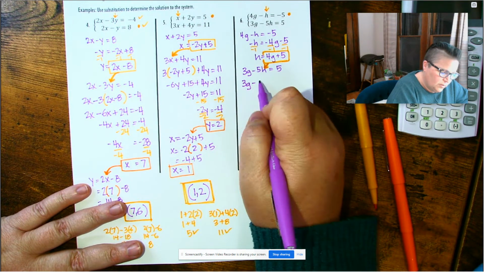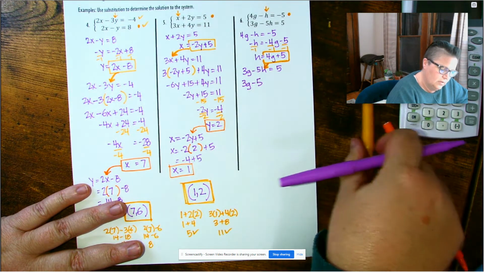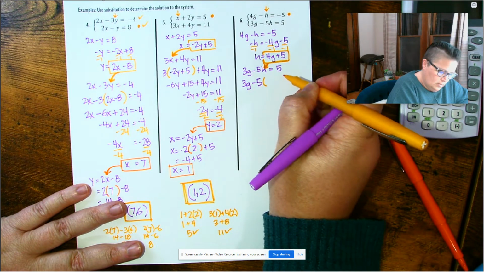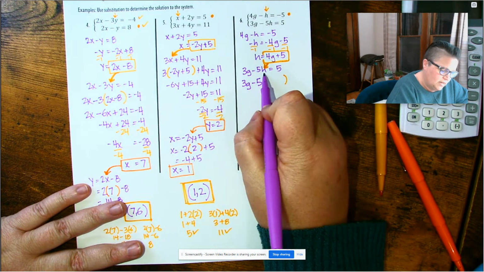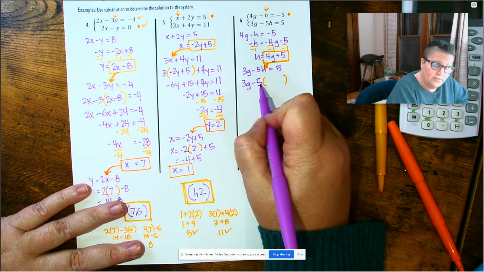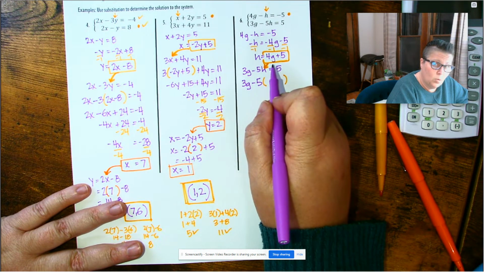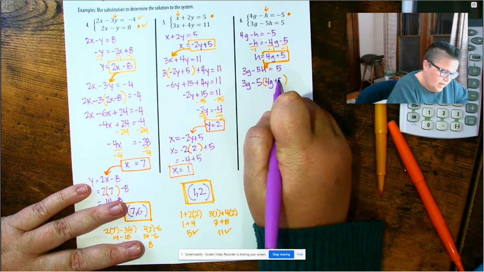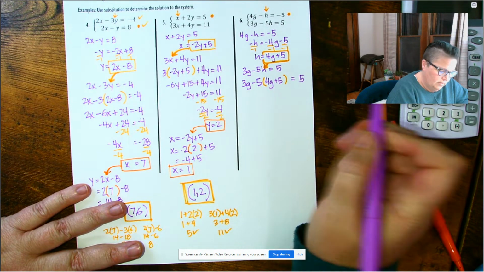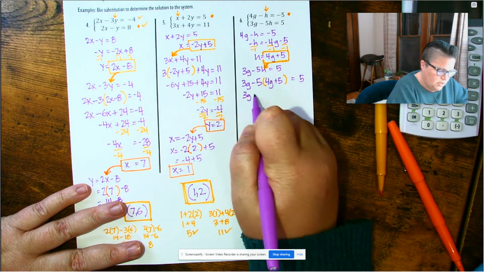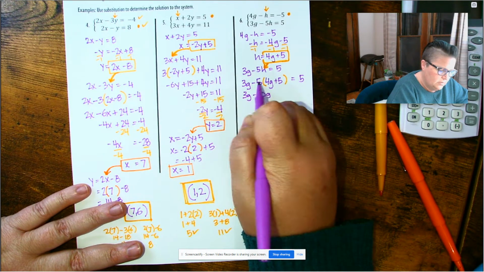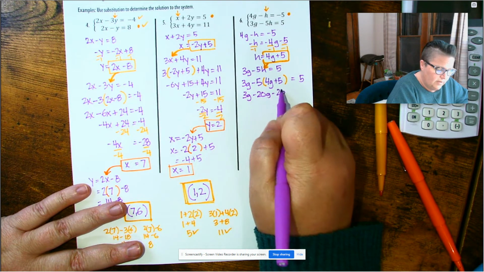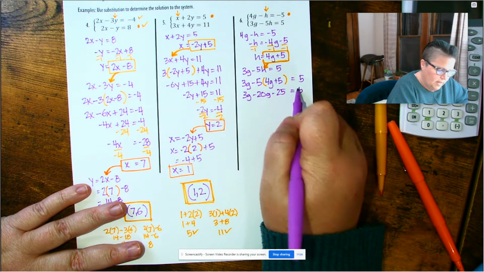Substitution would give me 3g minus 5 times (4g plus 5), just for the h, not for the 5. The 5 comes down. I'm only replacing the h. So now I've got 3g minus 20g, minus 25, equals 5.